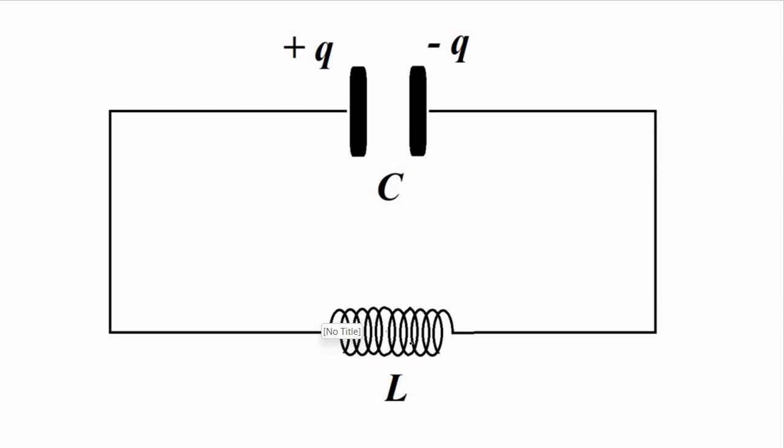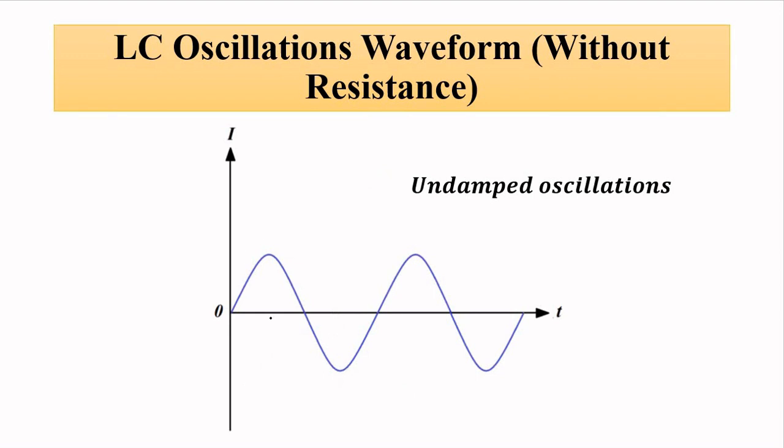Whenever the inductor has no resistance attached with it, only a pure inductor and pure capacitor, in that case the frequency and the amplitude of the oscillations stay the same.